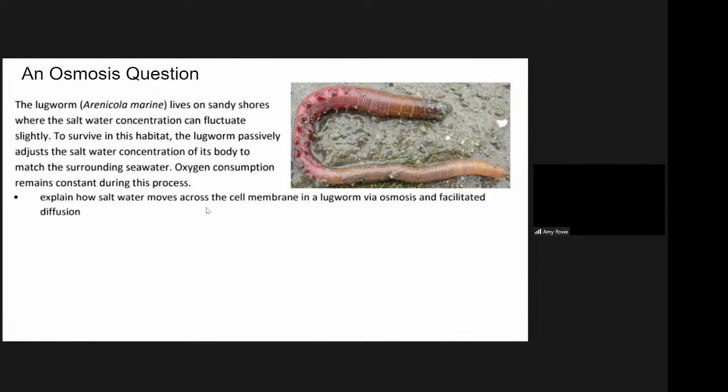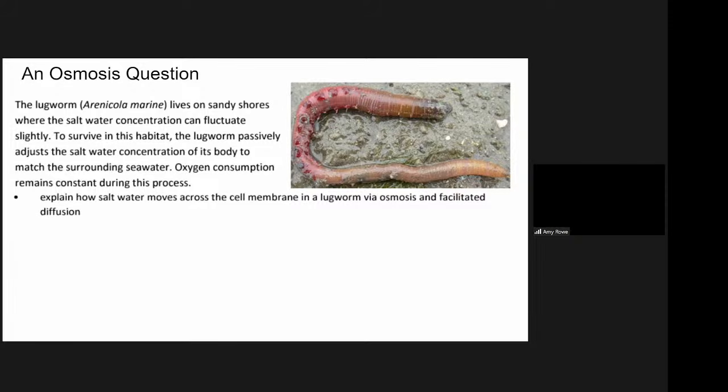They also mention that oxygen consumption remains constant during this process. Now, we haven't talked about respiration yet, but hopefully you remember that aerobic respiration requires oxygen and produces ATP energy. So if, for our lugworm, oxygen consumption remains constant, not changing, that's another clue that we are talking about passive transport here.